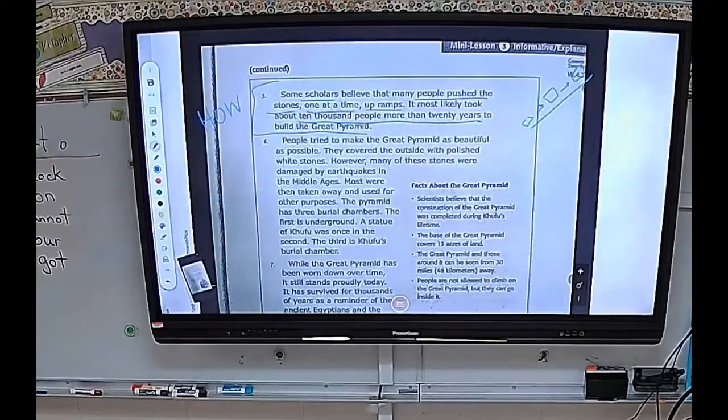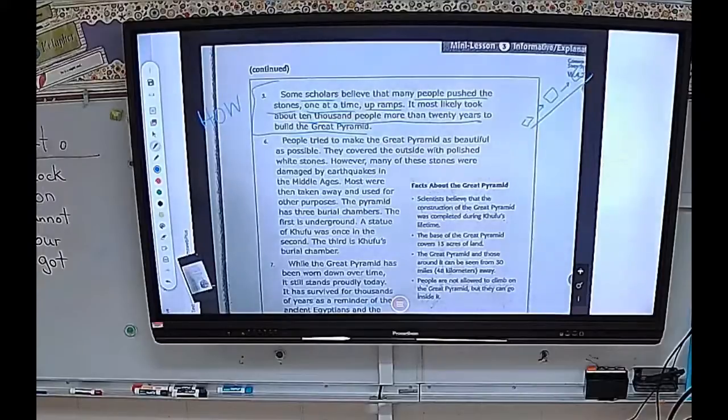The pyramid has 3 burial chambers. The first is the underground. A statue of Khufu was once in the second. The third is Khufu's burial chamber.